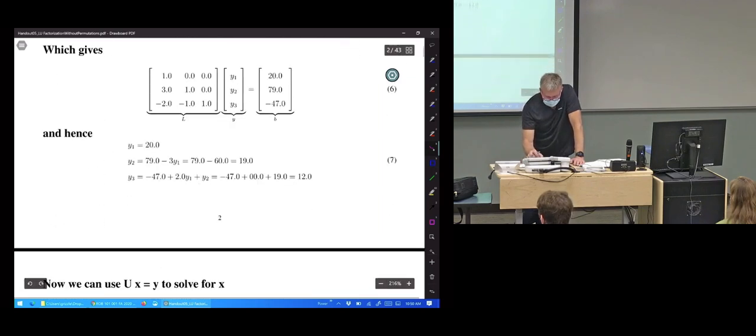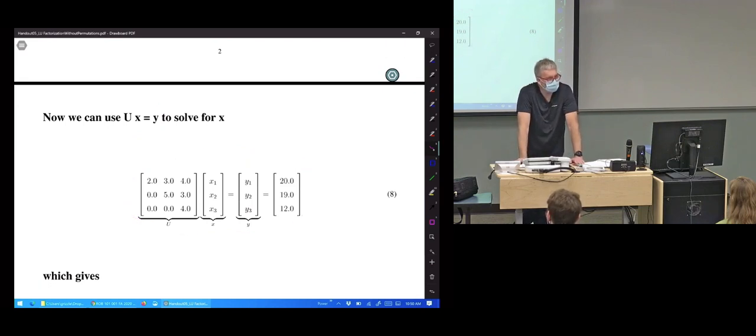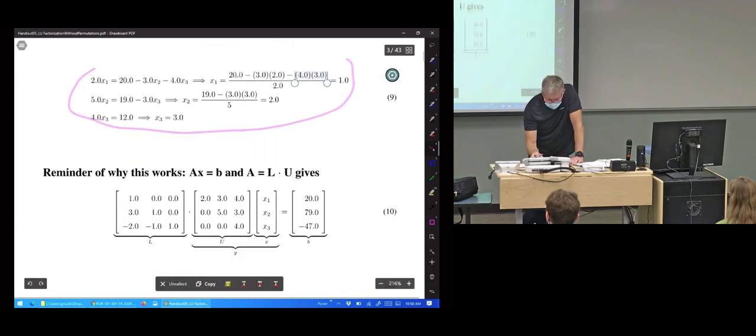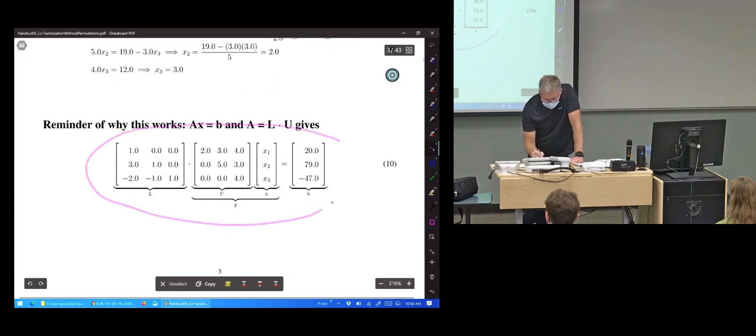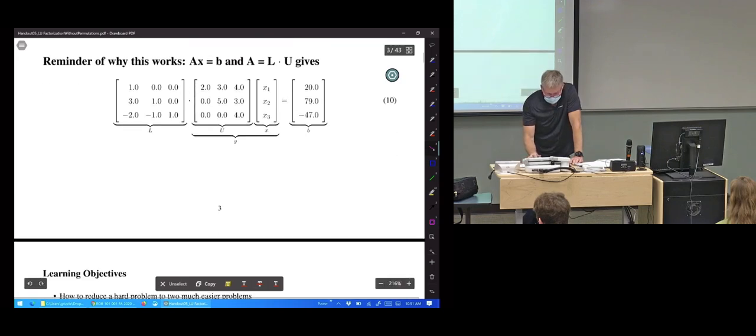Well, now I just solve UX equals Y for X, and that's an upper triangular problem. That's back substitution. You didn't do much of that in Julia homework 2, but it's the same thing. You start at the bottom and you go to the top. You eat that one alive, and then you've got the solution to your overall problem with 2 back substitutions, if you can factor A into a lower and an upper.